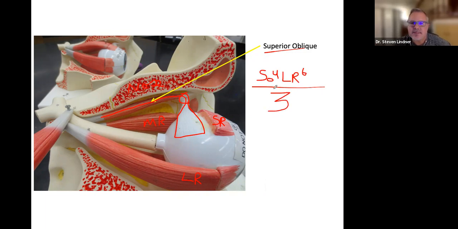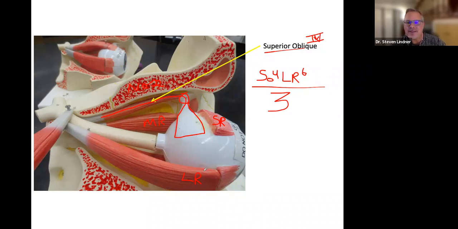And what this is telling me is that the superior oblique, SO4, is innervated by cranial nerve number 4, which is called the trochlear nerve. And it goes through this trochlear tunnel, this groove right here called the trochlear. So the superior oblique is innervated by cranial nerve 4, the trochlear nerve, going through that trochlear groove.